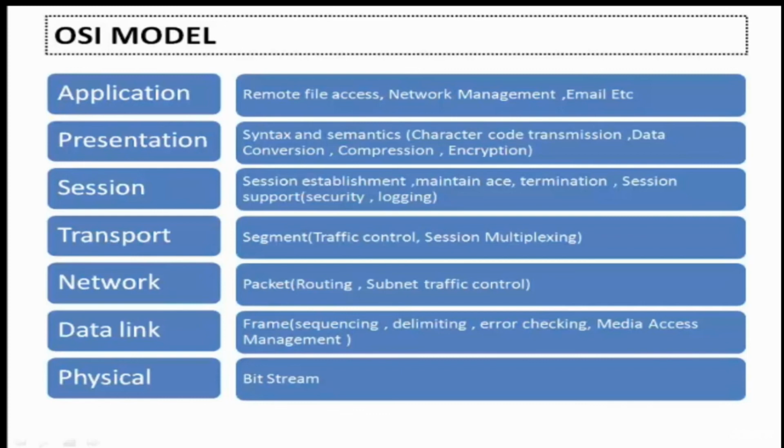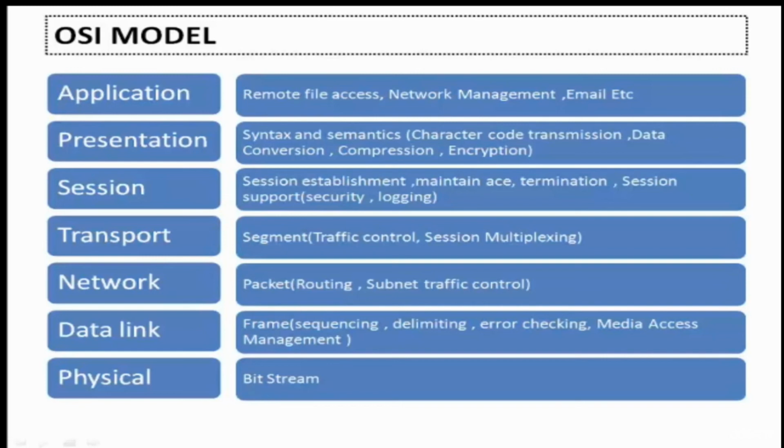So here, whenever the sender sends any data, the application layer gives that data to the presentation layer. Up to the session layer, that is application, presentation and session layers, the data is in the form of a protocol data unit, that is normal data. But when the session layer transfers that data to the transport layer, the transport layer divides that data into segments and gives each segment a number.